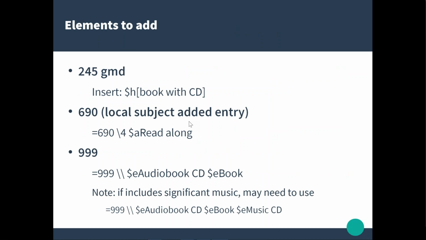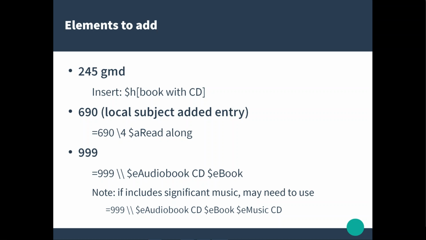And let's start with the easy stuff, right? There's some things that are kind of specific to Sage. We add the 245, the GMD. So in the 245 field, we would want to have everyone insert the subfield H, and here we're creating a new GMD, book with CD, and this is one that we would want you to use regardless of the type of record that you choose.